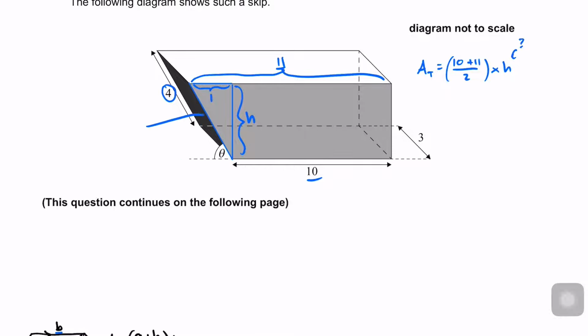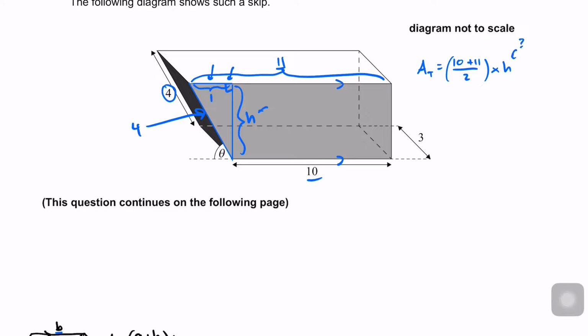Let me just try to draw a line. This is also going to be 4. So in order to find the height right here, since we have a right angle, since we've drawn it right up, and these are parallel lines, this has to be a right angle as well. So we have the hypotenuse and a side length, but we don't have h.